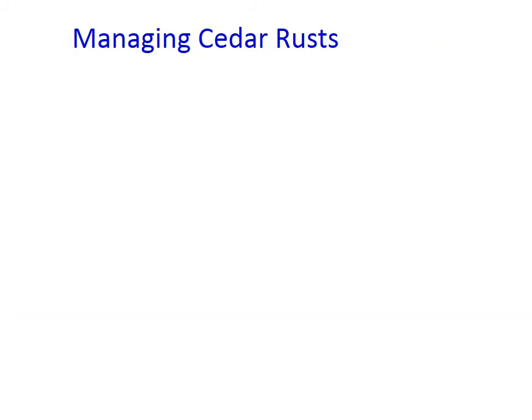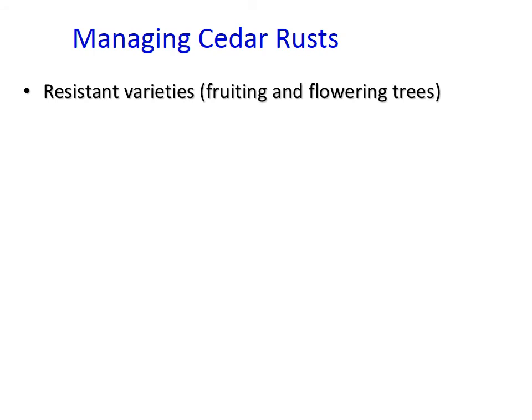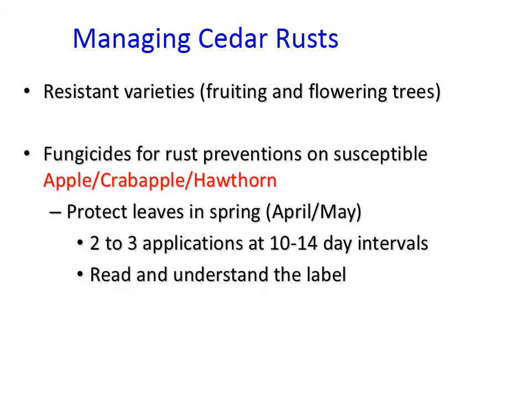So for managing cedar rusts, one of the best things you can do is to start with a resistant variety, and these are available both for fruiting and flowering apples and crab apples. For the apple or crab apple side of the disease, there are fungicides that you can use to prevent rust, and you might want to consider this if you have a tree that you value that seems to be getting rust year after year and suffering some premature defoliation and loss of leaves and potentially some weakening.